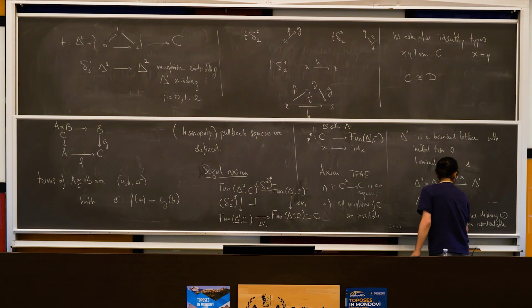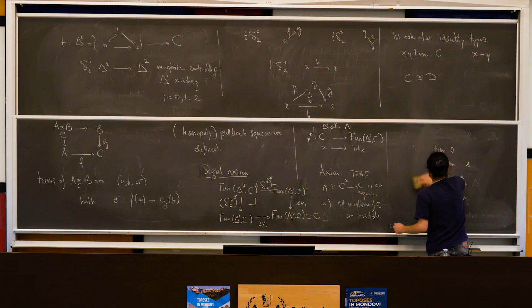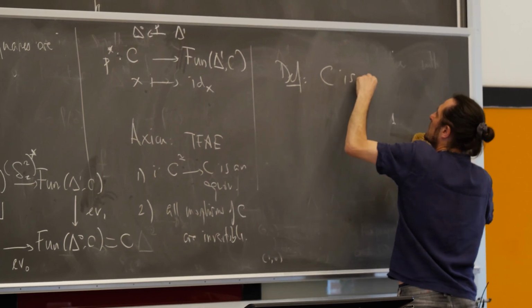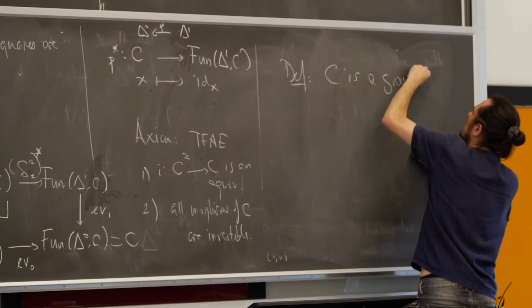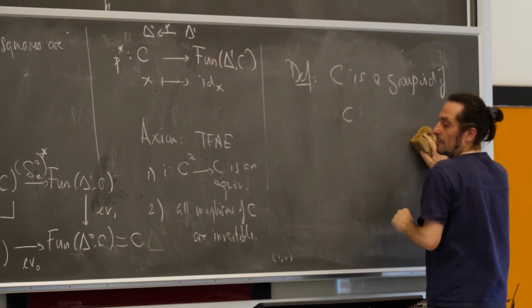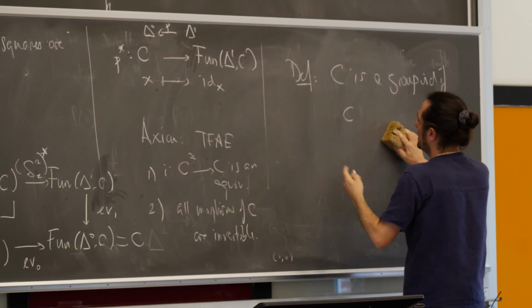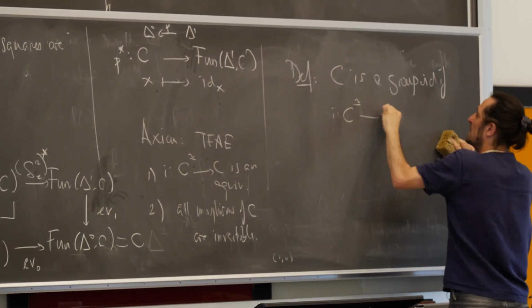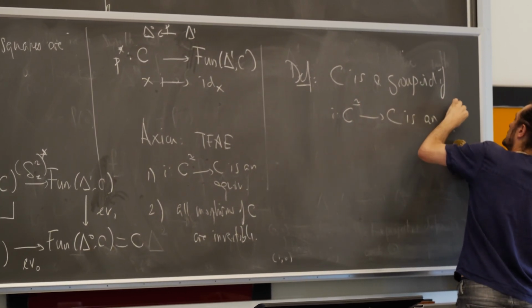And now we can define groupoids. C is a groupoid if one of these equivalent conditions is true. So for instance, if C twiddle to C is an equivalence.